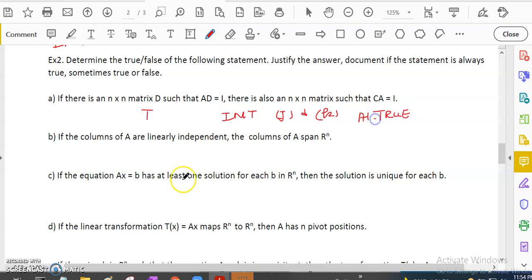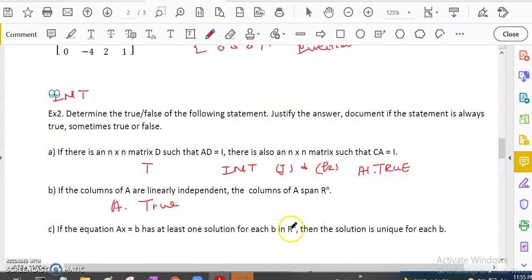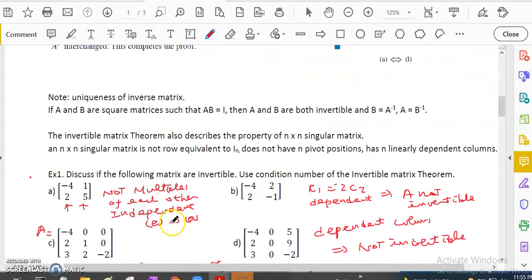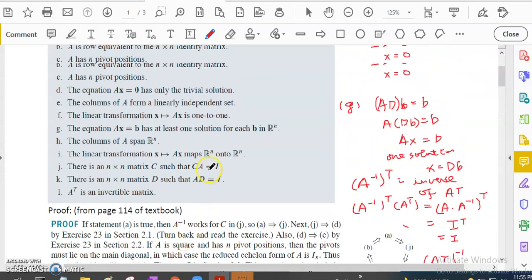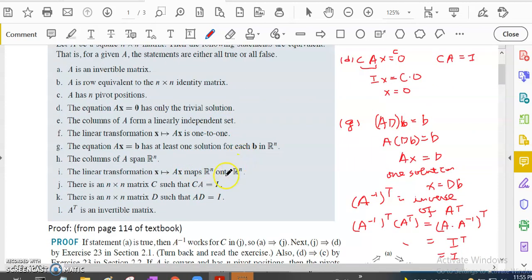If the columns of A are linearly independent, then the columns of A span Rn. This is the result of the IMT, also always true. Based on the onto, the linear transformation maps Rn onto Rn.